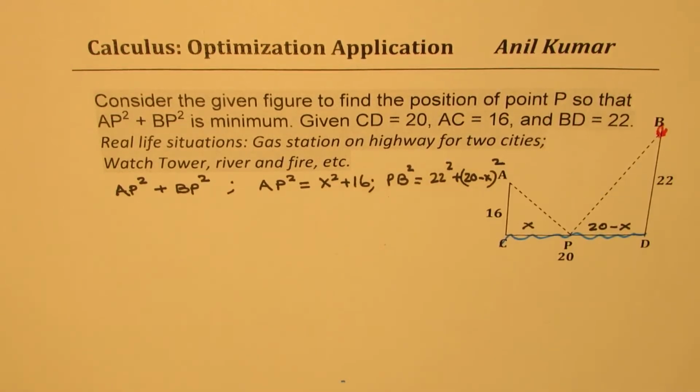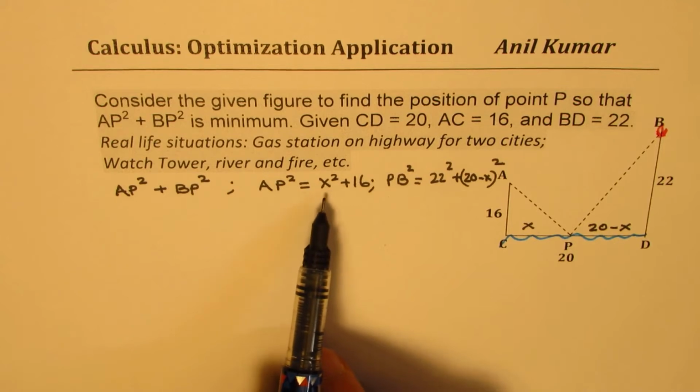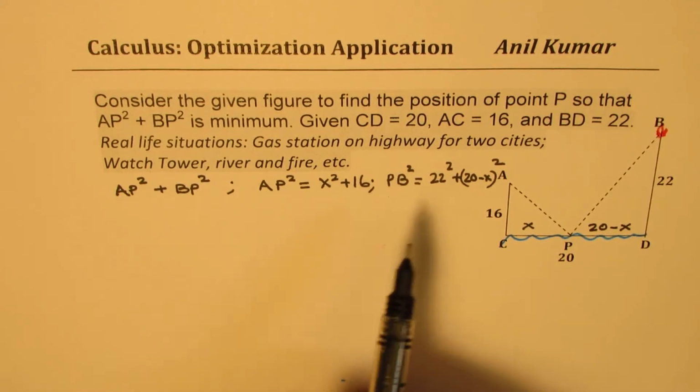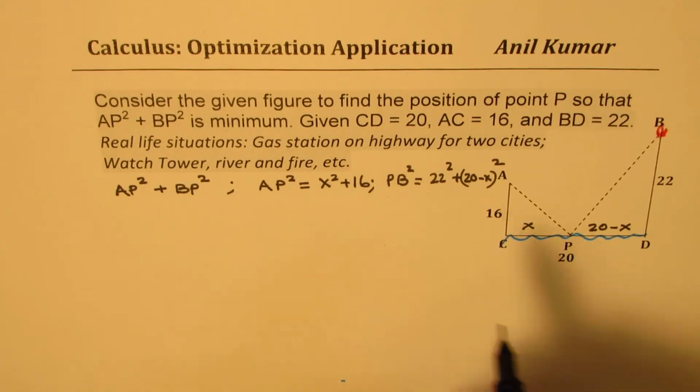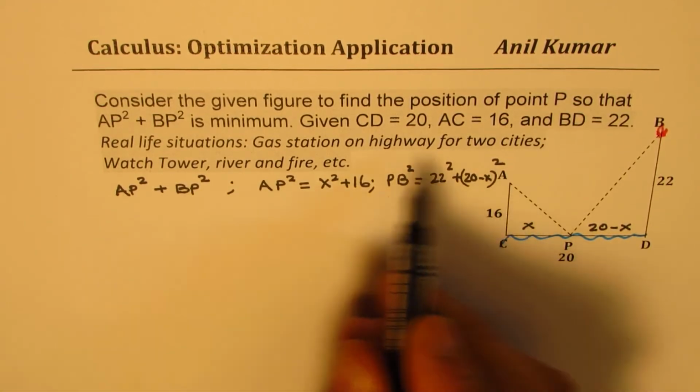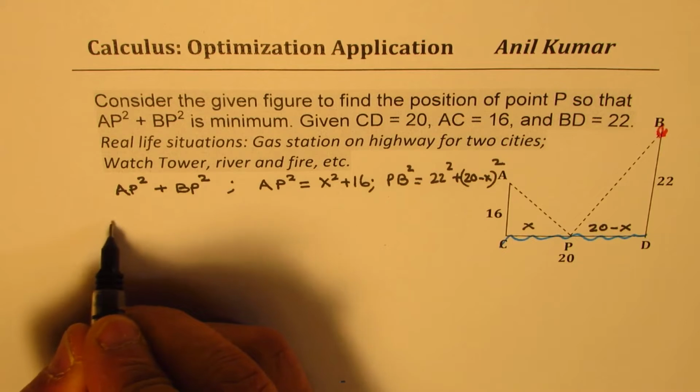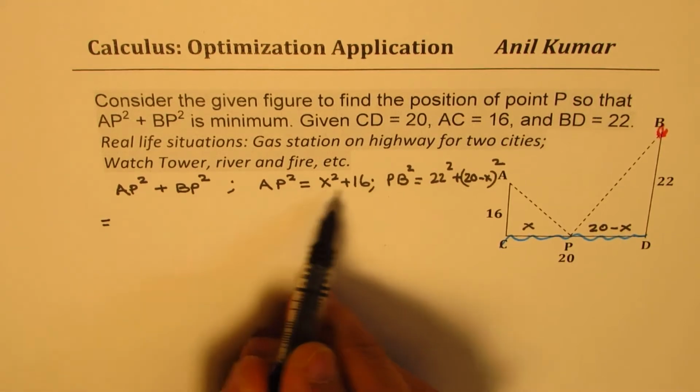So that is how we can actually relate AP square and BP square in terms of one variable, which is x for us, right? And we need to just minimize this. So let's find the equation now. So this could also be written as, now let me combine these two.